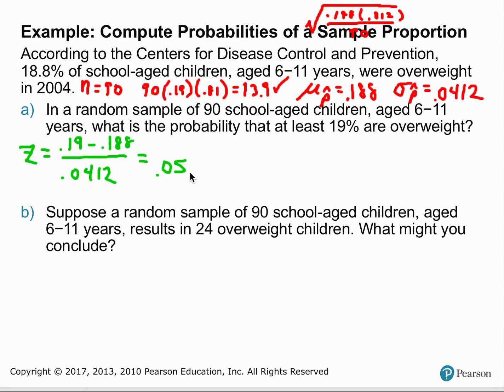Okay, so if I'm going to look on my z chart at 0.05, okay, I get 0.5199. Okay, so that tells me that the probability that z is less than or equal to 0.05 is 0.5199.